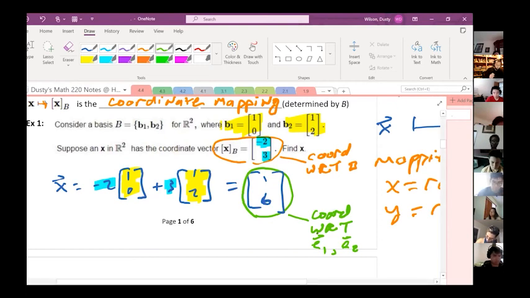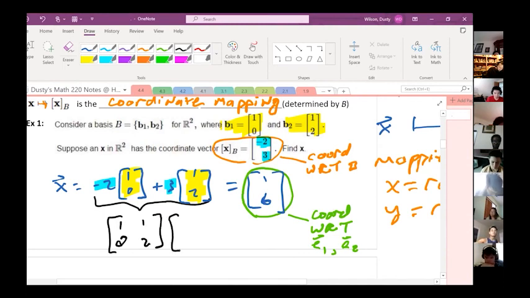So notice going from the B coordinates back to the x coordinates was super easy, barely an inconvenience. How could I write this as a matrix product, since we're on a roll here? So it'd be like saying you had the matrix with columns (1, 0) and (1, 2) times (-2, 3). Something like that.